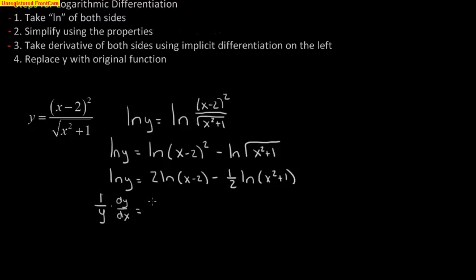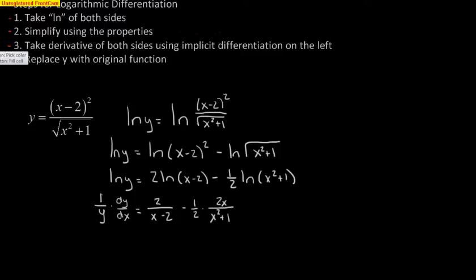Then we're going to have 2 times the derivative of this, which is 1 over (x minus 2): the inside goes in the bottom, the derivative of that goes in the top. Then minus 1/2 times the derivative for this log, so in the bottom is going to be x squared plus 1, and the top is going to be 2x.